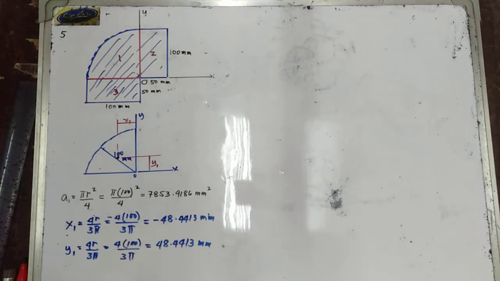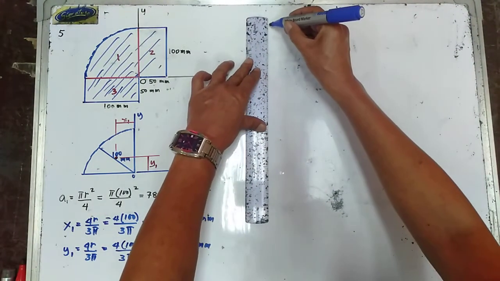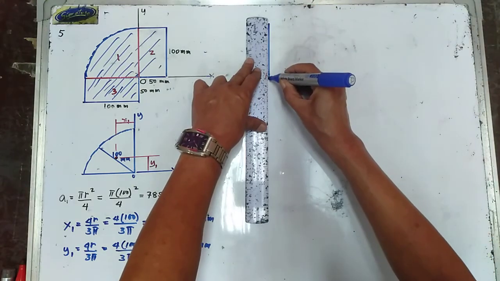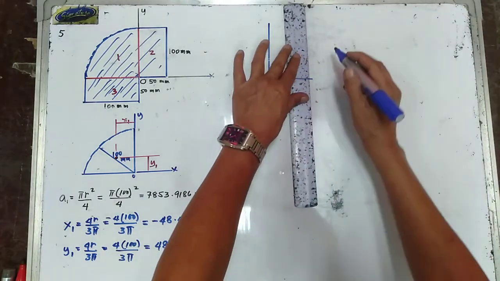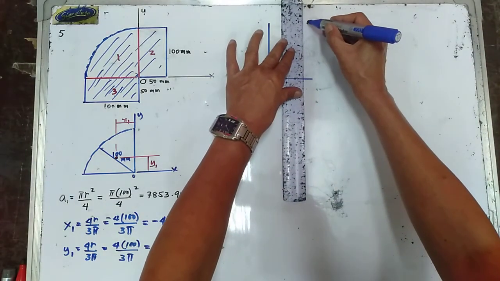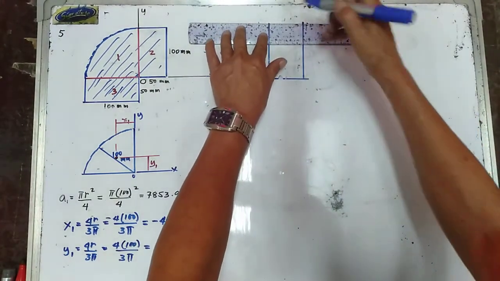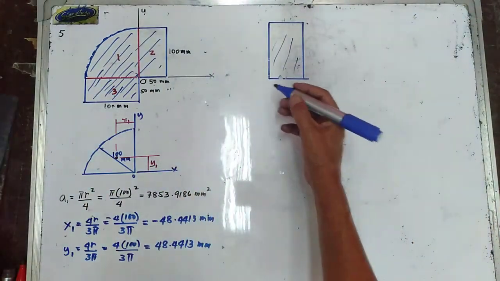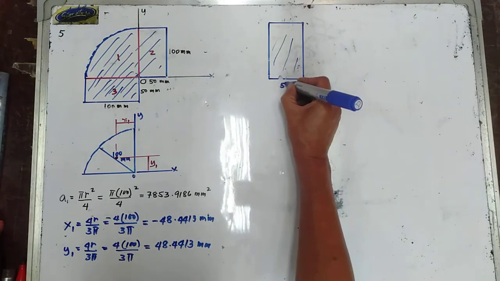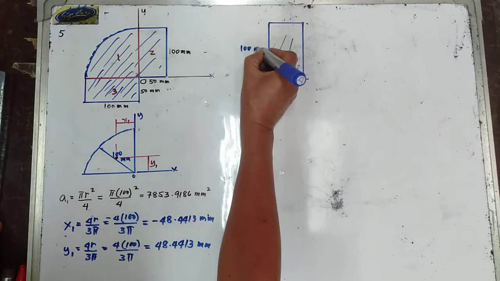Let us now proceed to your area 2. So this is now your area 2. This is 50 mm, and this one is 100 mm.